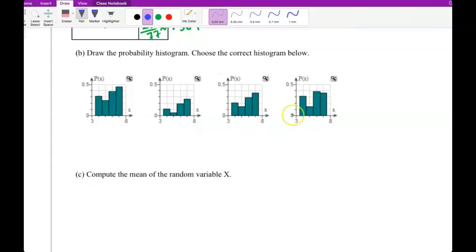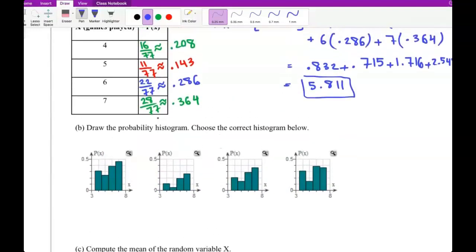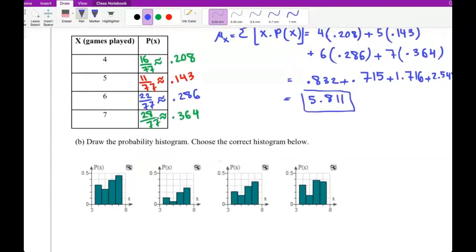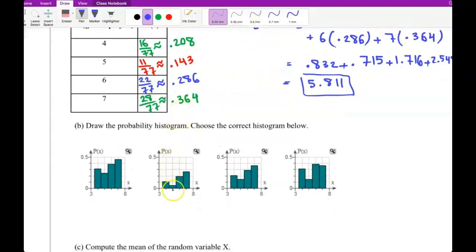Now part B, draw the probability histogram. Choose the correct one, based on what we have here on top. So on this part we have our value x, and on this vertical line we have probability of x. So starting from that point, if you have x equal 4, you should have 0.208.